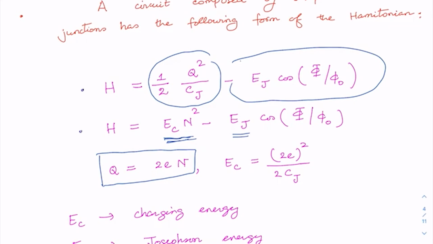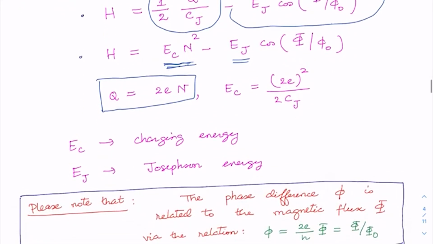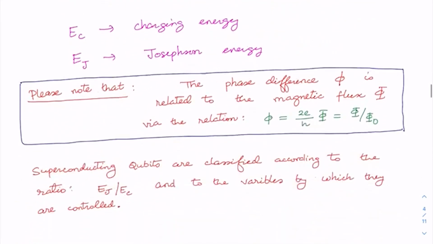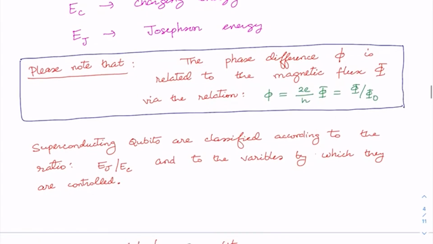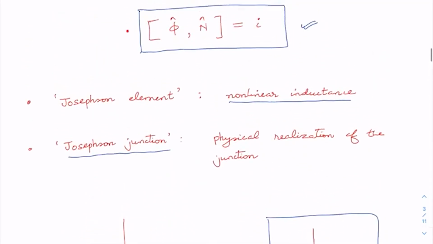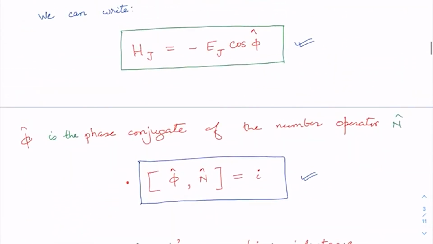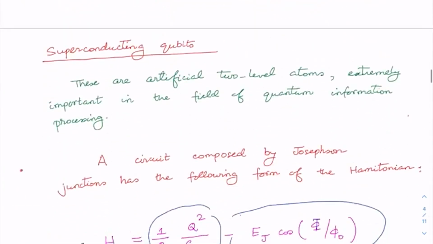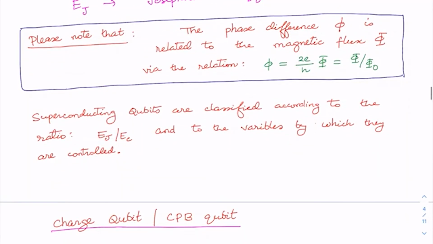By the way, here phi refers to the magnetic flux and phi 0 is the flux quantum. This particular thing I did not mention in the last class: initially we expressed this Hamiltonian in terms of the phase difference across the junction, and it can be shown that this phase difference is related to the magnetic flux via this expression, which involves 2e by h, related to the flux quantum.